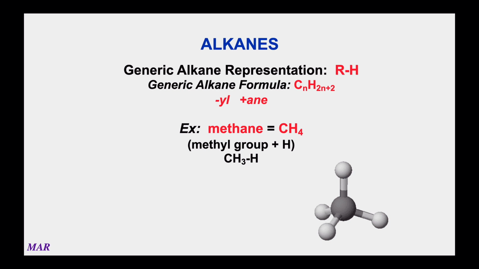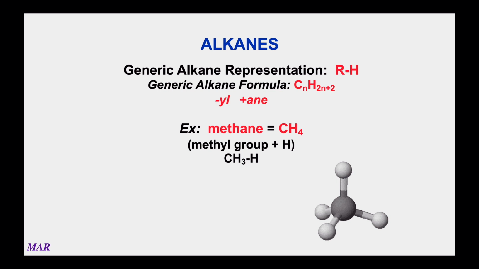Anyway, add ANE to it, methane, that's where the name comes from. And notice the formula. For every n carbons, you have 2n+2 hydrogens. So we have 1 carbon, so 2 times 1 plus 2 would be 4 hydrogens. Methane is CH4. Methane is the main ingredient in natural gas.